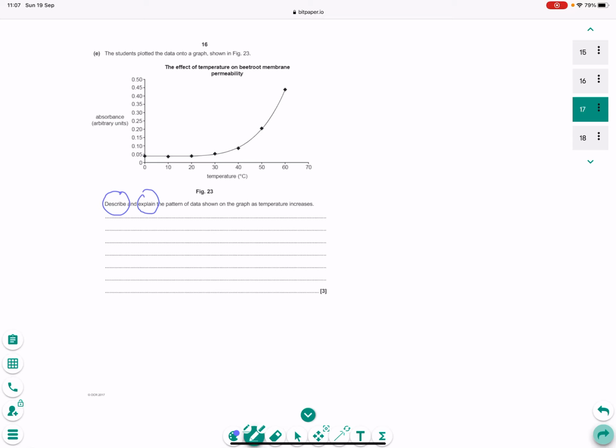So you could say that increase in temp to 30 degrees C, little change in absorbance.